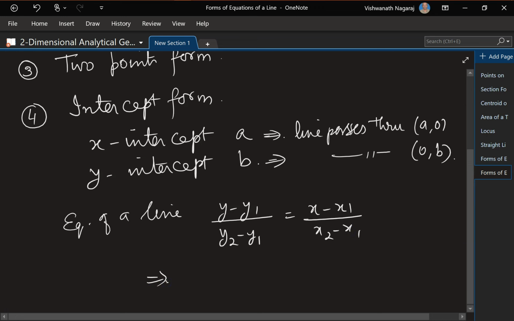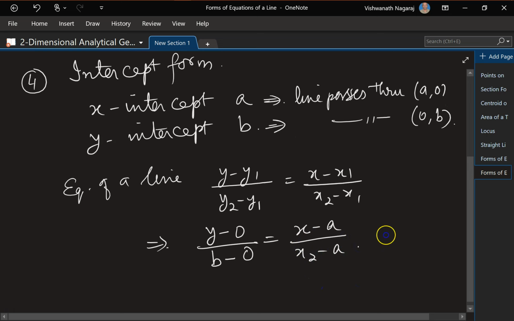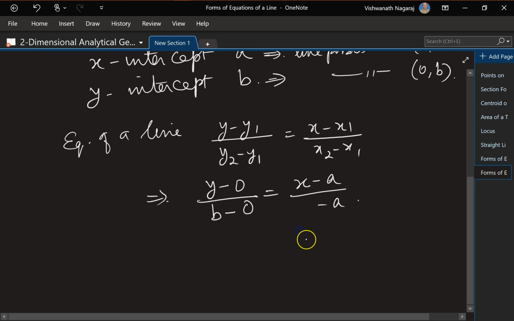Because of these two intercepts, y1 is 0, y2 is b, x1 is a, x2 is 0. So this becomes y by b is equal to (x minus a) by minus a.